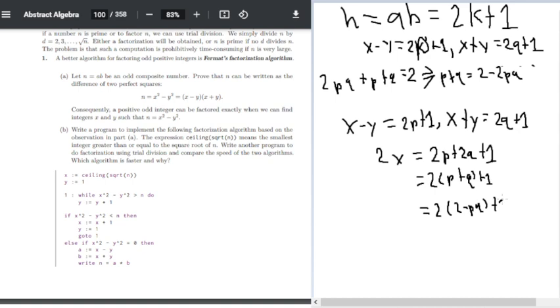So 4 minus 2pq plus 1. Oh, whoa, okay. This actually might be kind of nice. So 2x is equal to 3 minus 2pq.